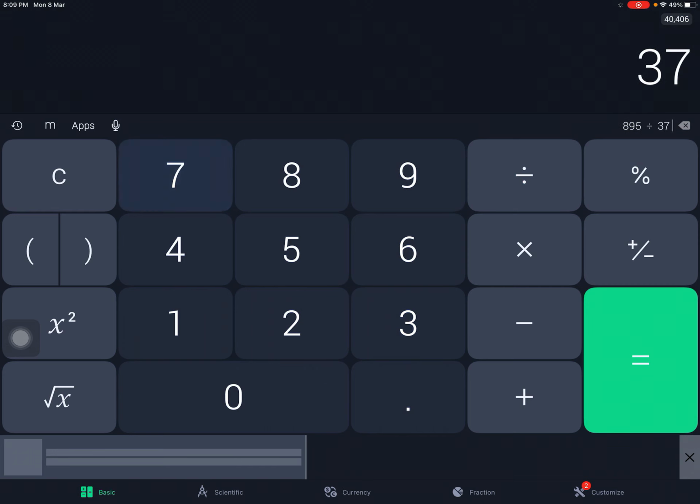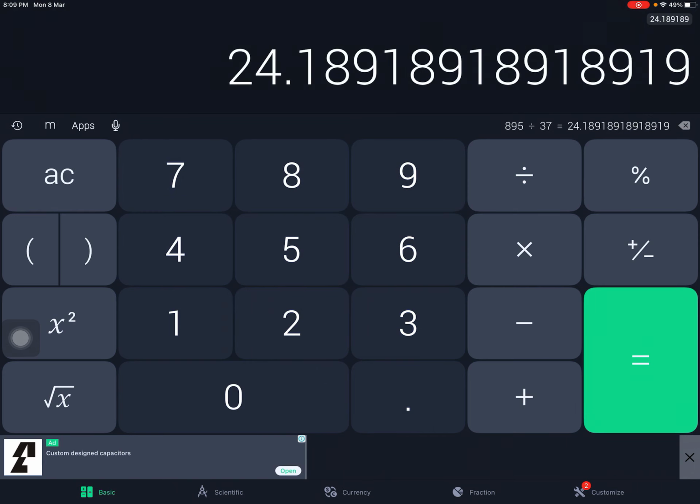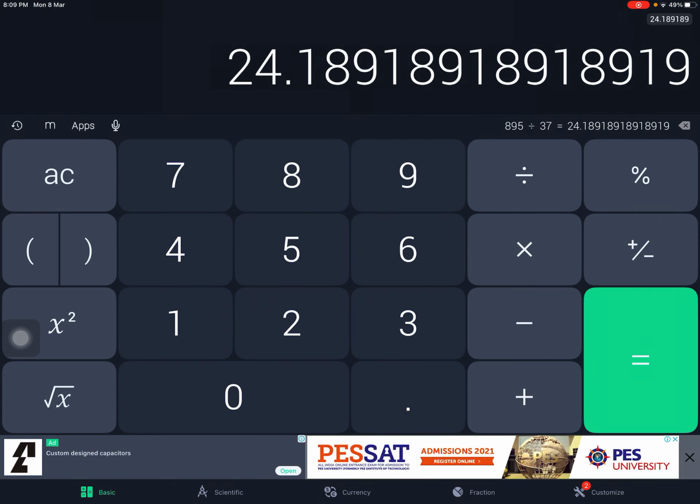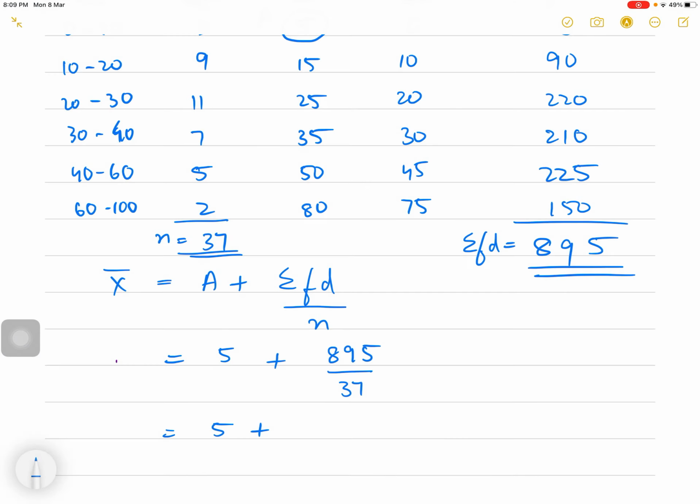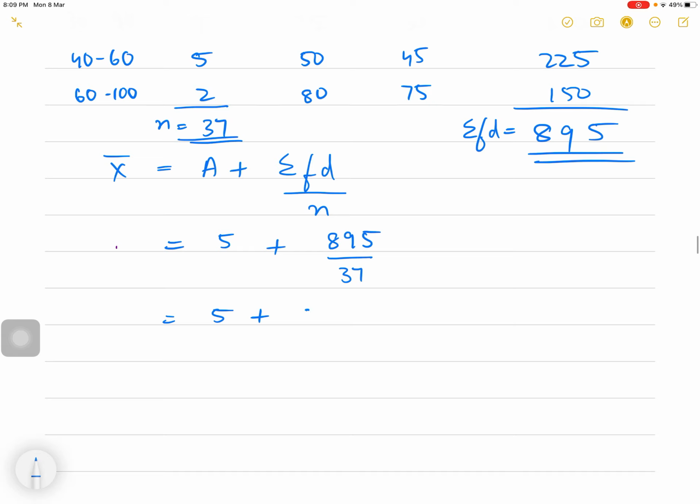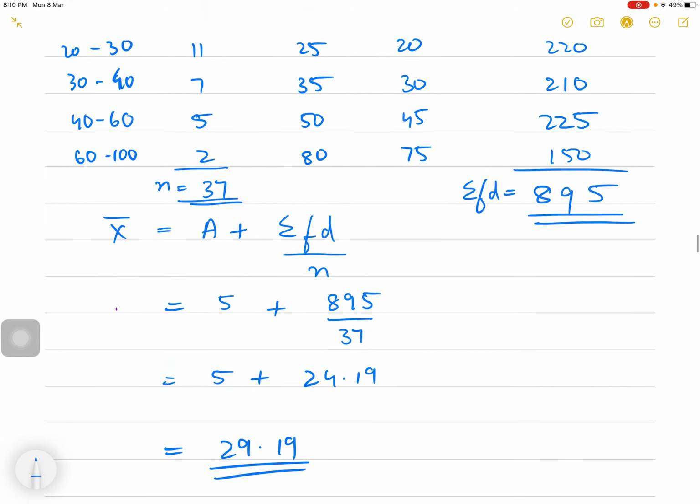It comes to 24.19. 24.19 plus 5 is 29.19. So the arithmetic mean is 29.19.